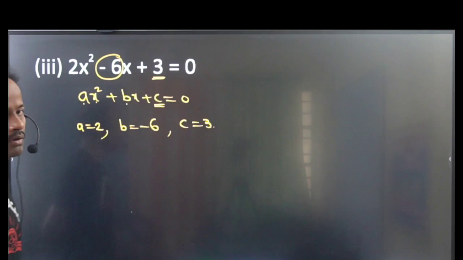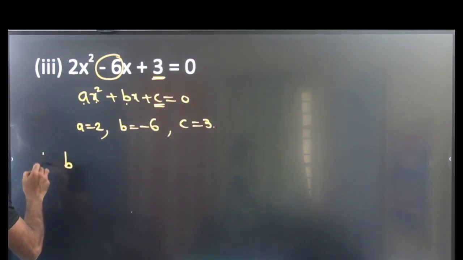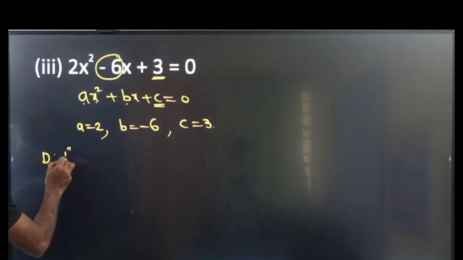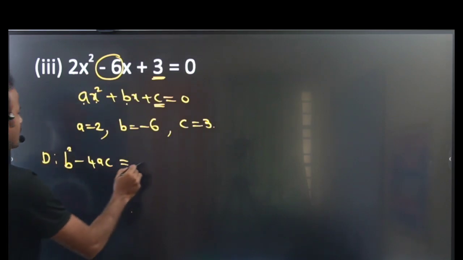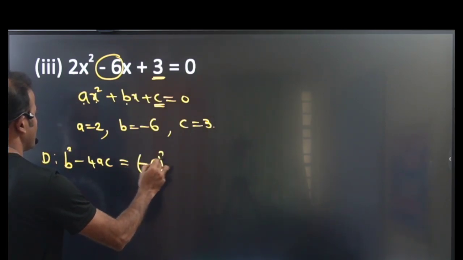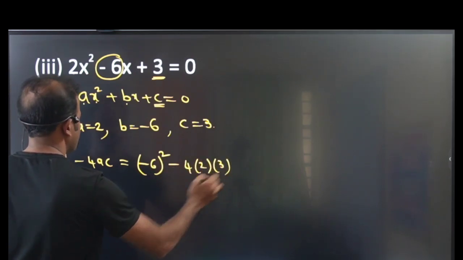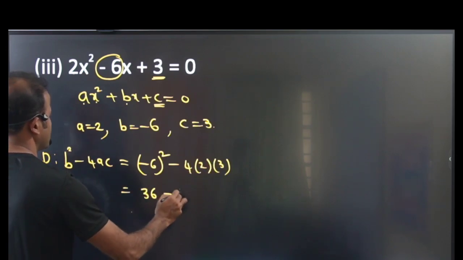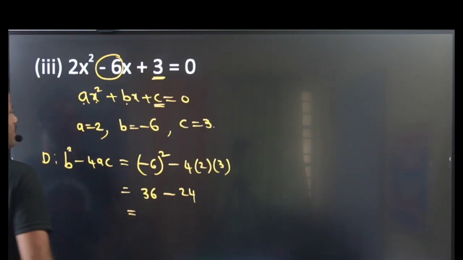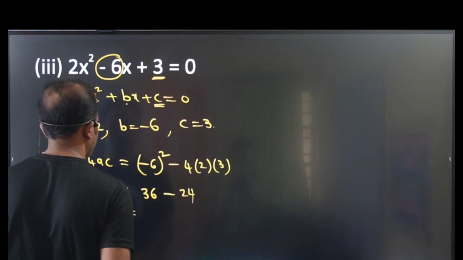Now pause the video. Please try to solve this question. Pause the video and solve this question, and find the discriminant value b square minus 4ac. What is the b value we have here? That is minus 6 whole square minus 4 into 2 into 3. 6 into 6 is 36. 4 into 3 is 12, 12 into 2 is 24, right?